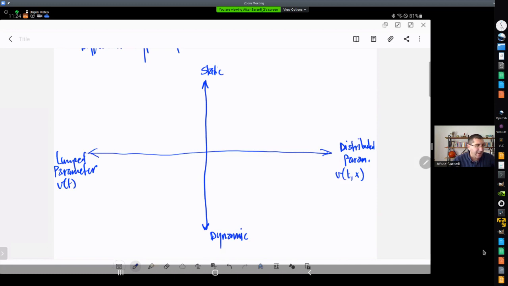Now you can have another axis, and along this axis you have continuous time on one side, and on the other side discrete time. What's the difference? In the continuous time case, time is a continuous variable.